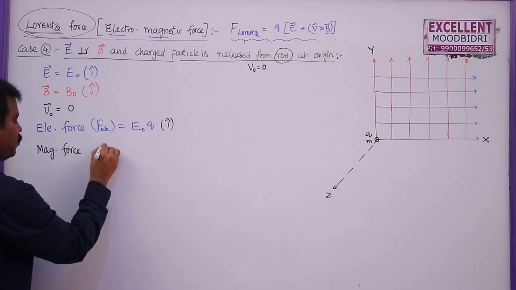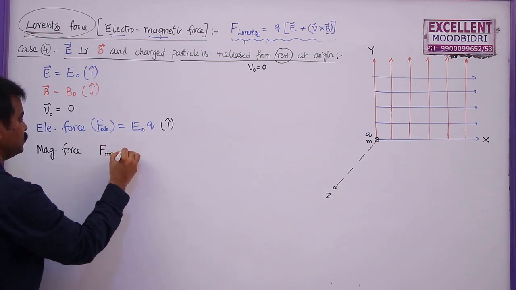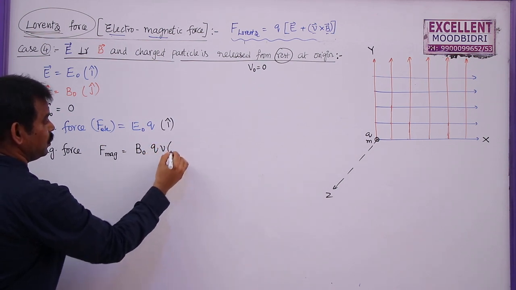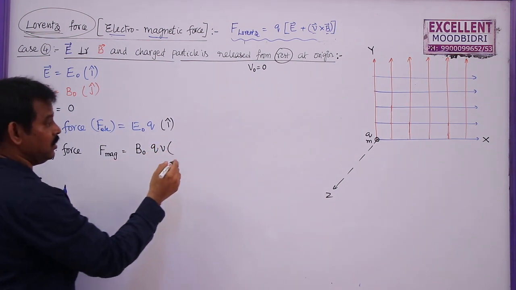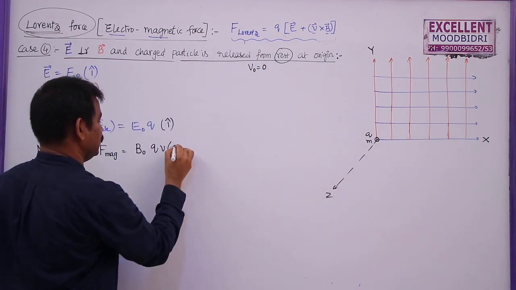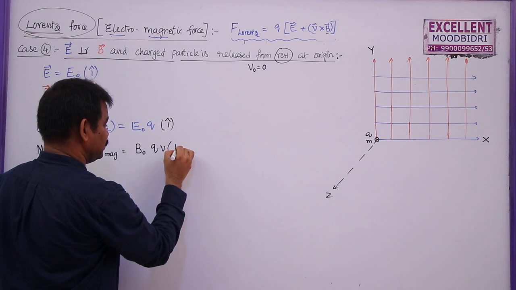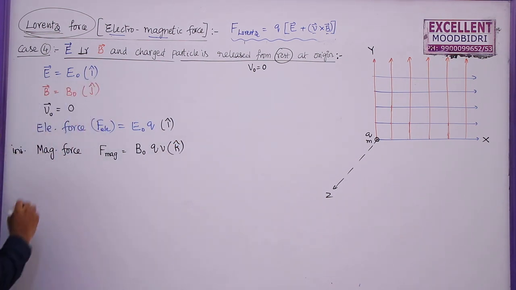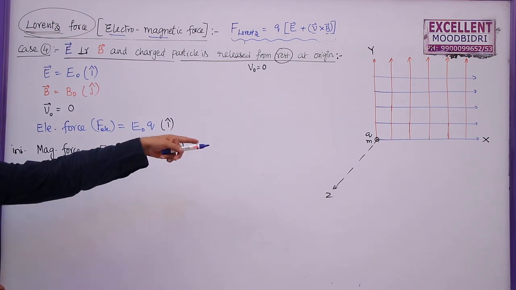So the magnetic force is given by F magnetic is equal to B naught q v, and that is along, generally if the velocity is in this direction, first it will experience a force in the z direction, that is k cap initially. So this is the initial magnetic force. Now what is the velocity of this one?